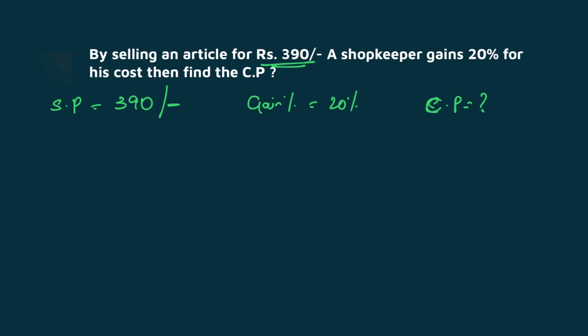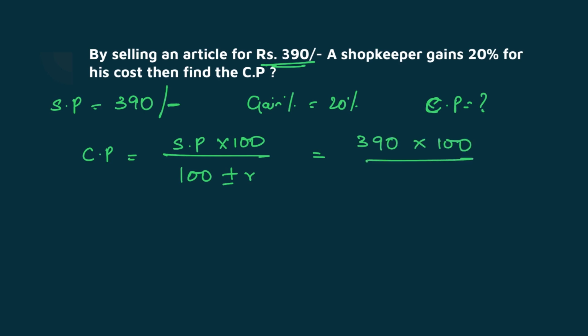So the formula for cost price: cost price is equal to selling price into 100 whole divided by 100 plus or minus R, which is equal to selling price, 390 rupees, into 100. So here it's a gain, so 100 plus 20 is nothing but 120. If you solve this, we get 325 rupees as a cost price.